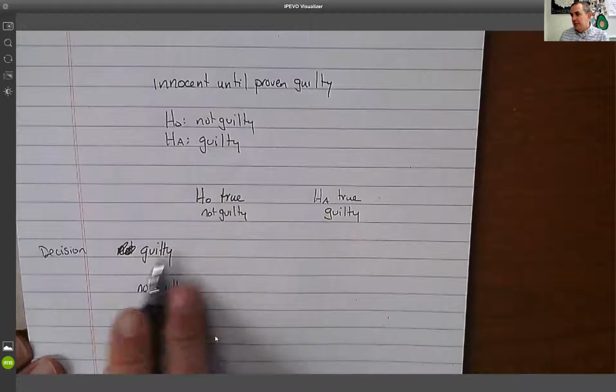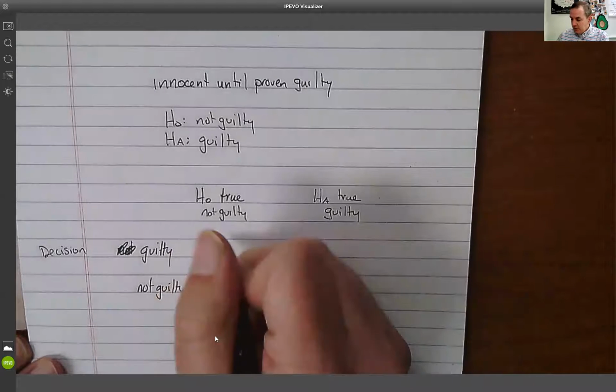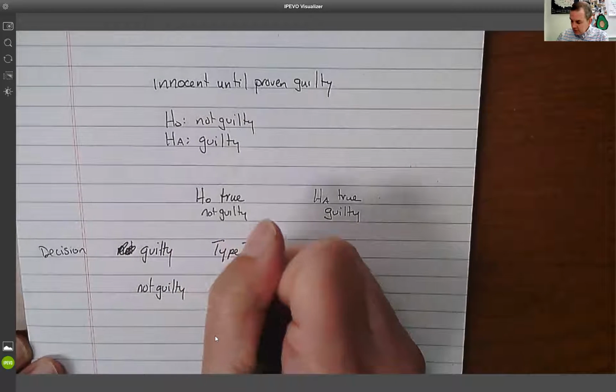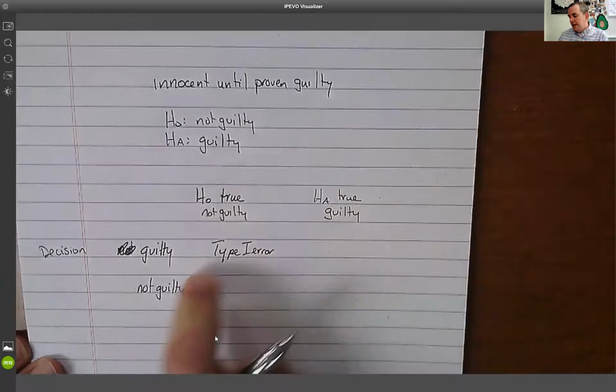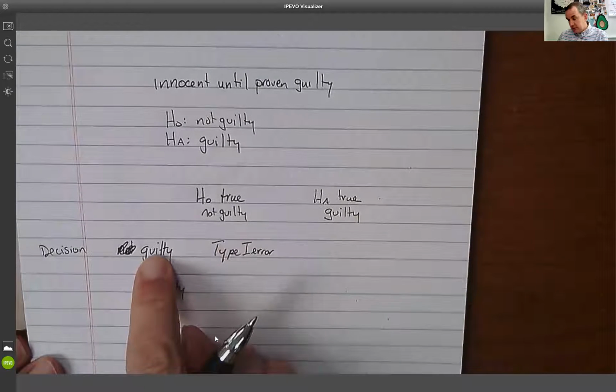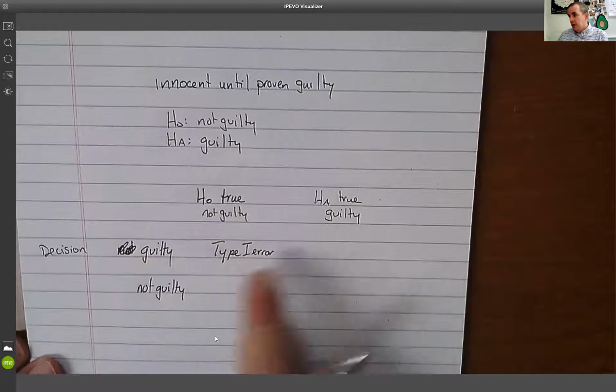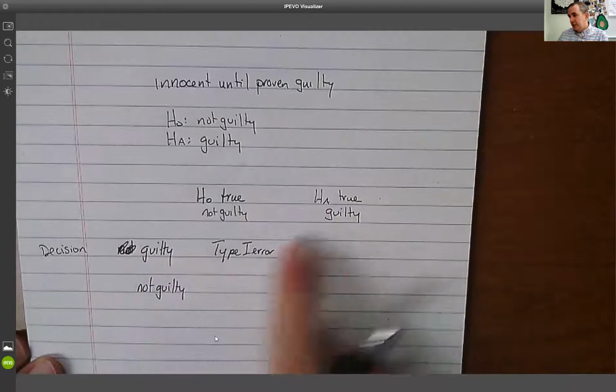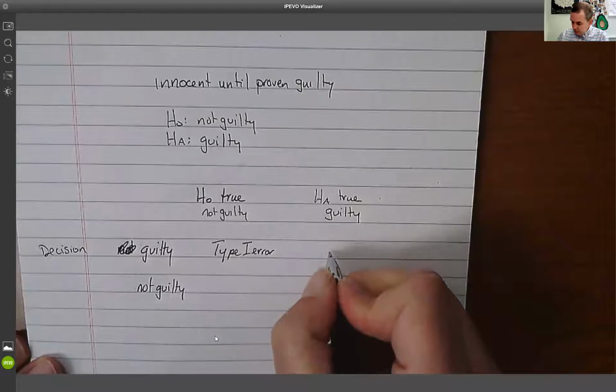If they find you guilty and you were really not guilty, we committed a type 1 error. What we did is we found an innocent person guilty. In this case, if you're found guilty and you were actually guilty, we made the right decision.